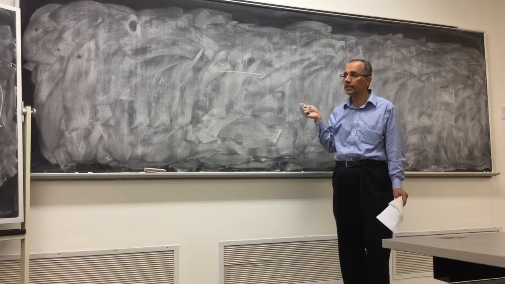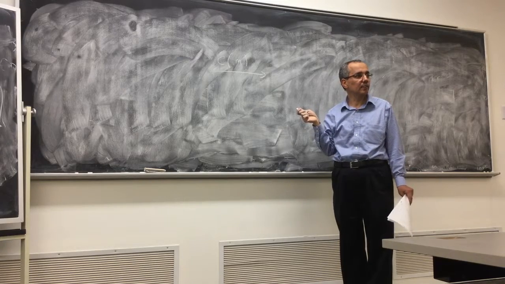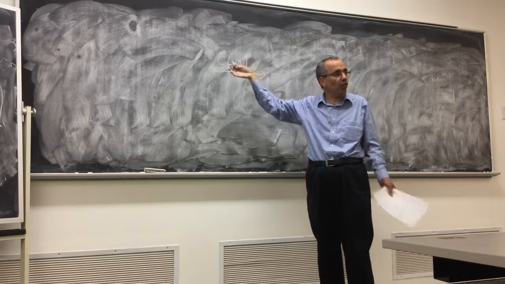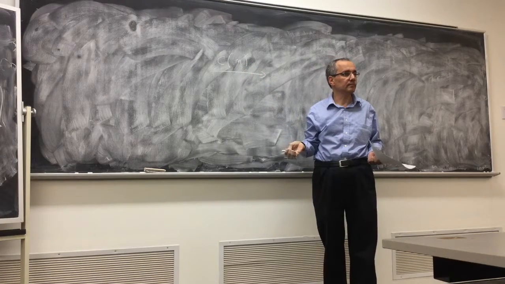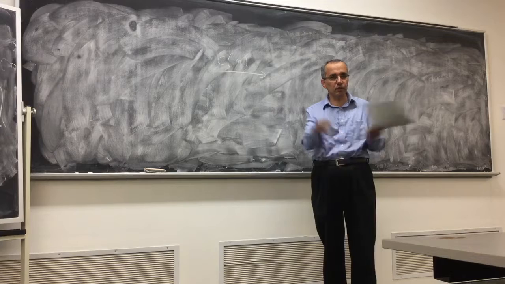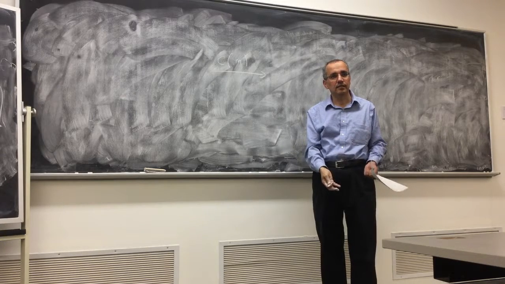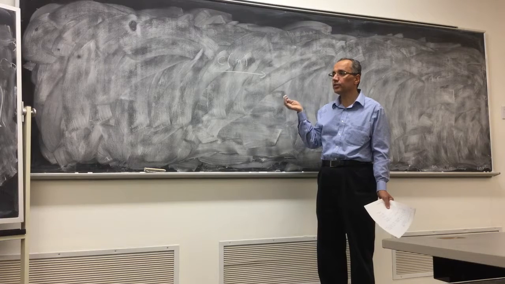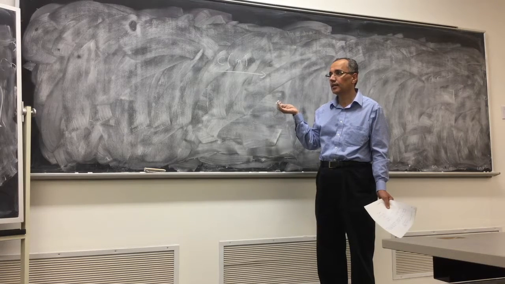Can it be unconditionally hiding? Again, your commitment is C of M. It's a function of M. This is the most general case, right? It's deterministic. So can it be unconditionally hiding?